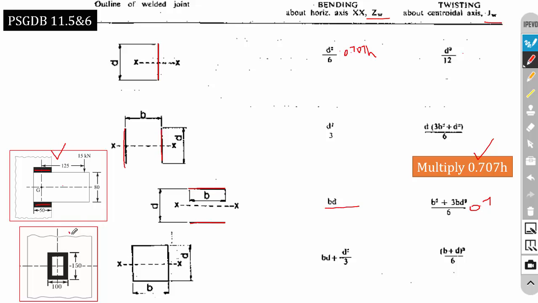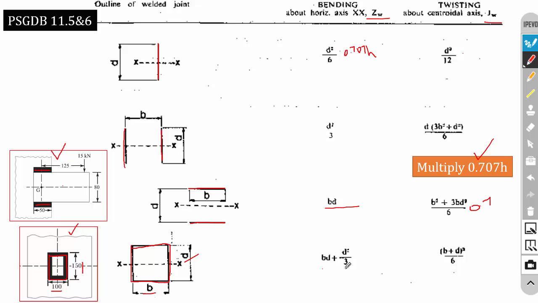So the next example, here the welding is carried out on all the sides. So the welding is almost like a rectangle. You can refer to the image in the data book. Here the welding is carried out in all the directions. So this is B and this is D. For this problem, B is 100 and D is 150.